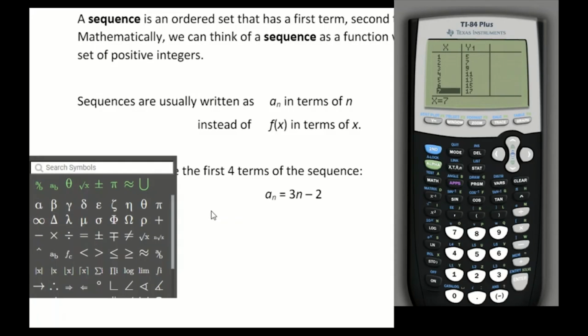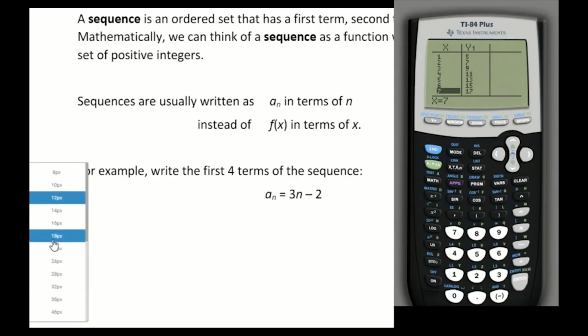Okay, so if I want to evaluate a function that's written like f of x, I would write something like f of 2 equals whatever to find the value of the function when x is 2. So that input you'll write right down here. So I want to write the first 4 terms of the sequence. I'm going to write it as a sub 1, a sub 2, a sub 3, a sub 4, and that will correctly notate the different terms.